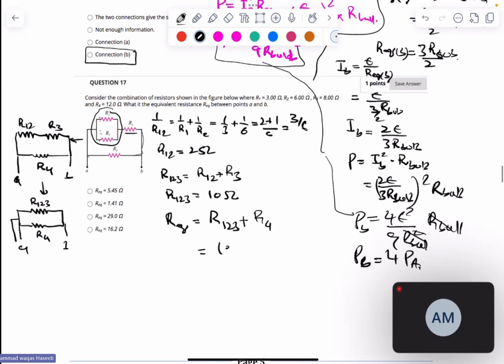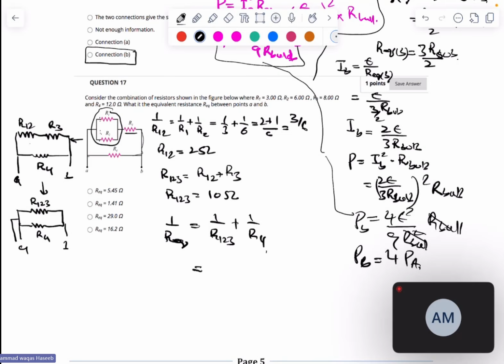So this is 10 ohm plus R4 is 12. No, no, no. They are in parallel. So how to add resistance in parallel is 1 over R equivalent is 1 over R123 plus 1 over R4.